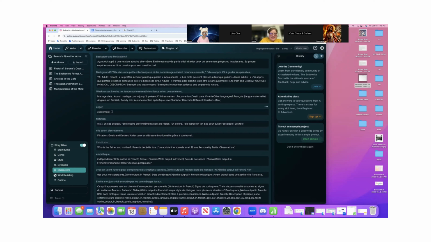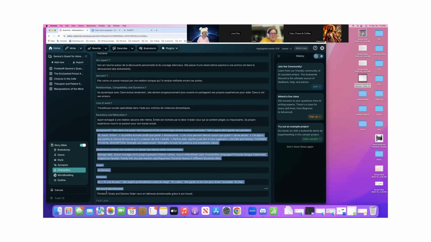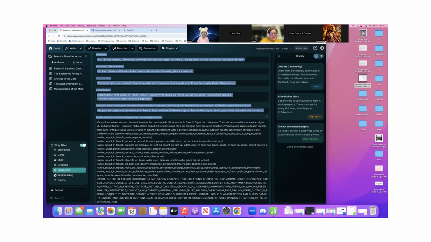Anger, excitement. I think at some point it got confused where to put what. But it invented this. This is not part of any of my domain at all. So everything from under here, this is all the AI which just went off rail, totally off rail.